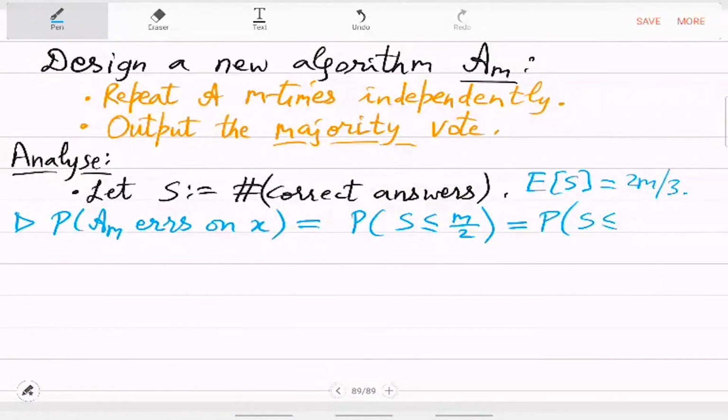This is 3/4 of the expectation, right. So, the delta that you are going with is 1/4, right. So, what is the chance that S is below the expectation by a multiplicative factor of 1/4? That is what you have to analyze using Chernoff bound. So we'll finish this next time.